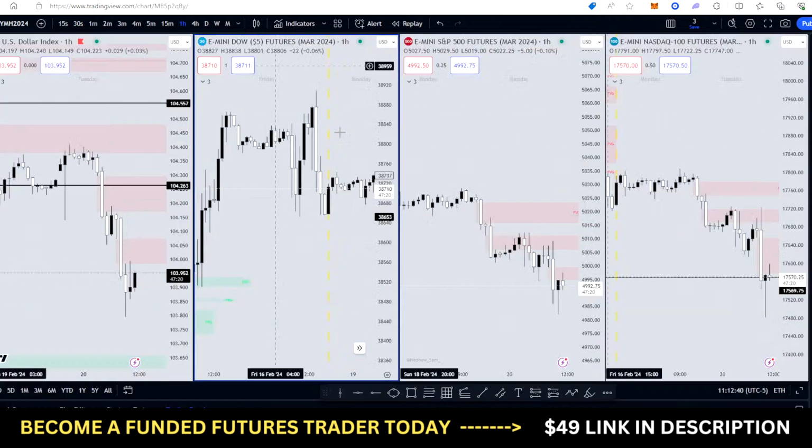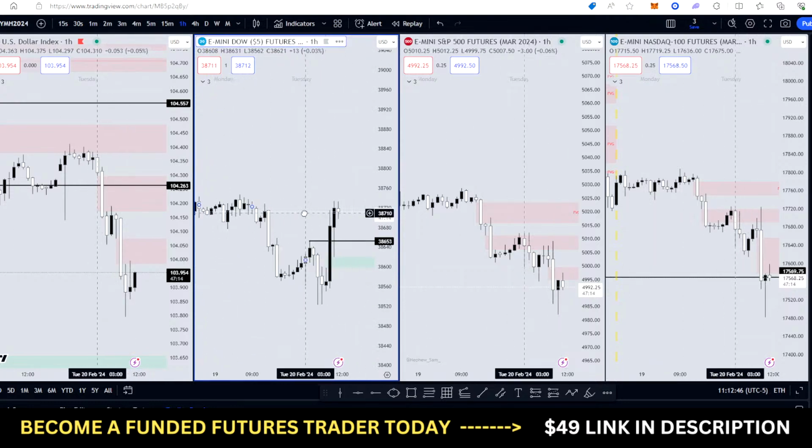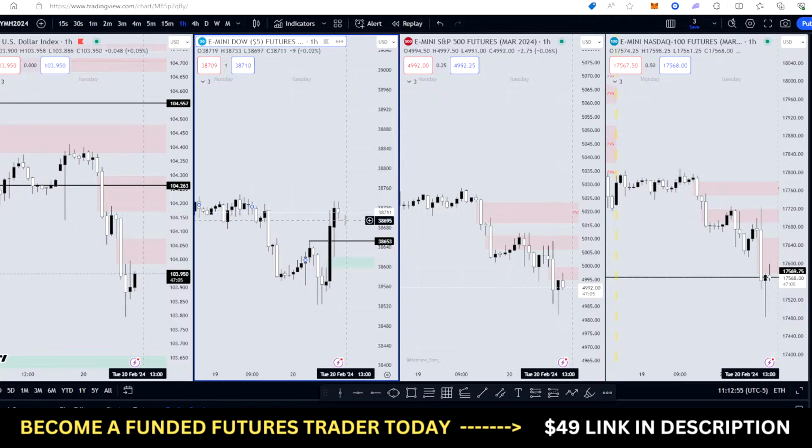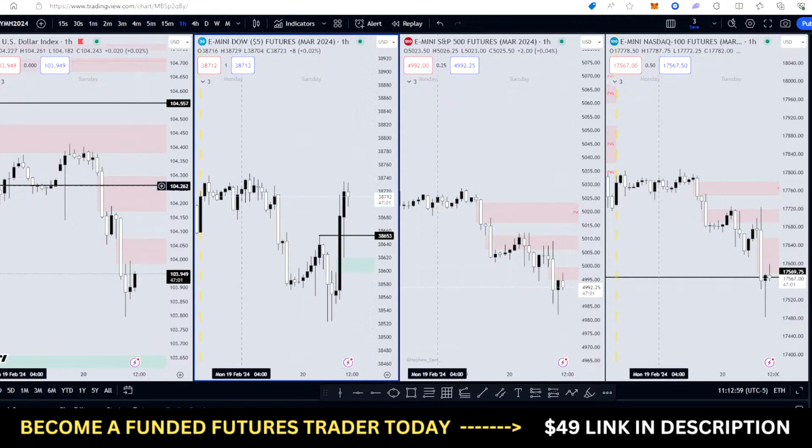All right, so yes, confirmed. It was on the 9 o'clock candle. That confirmed bullish sentiment there. And we had a further bullish candle that just closed above the previous one. So yes, Dow is showing bullish on the hourly.